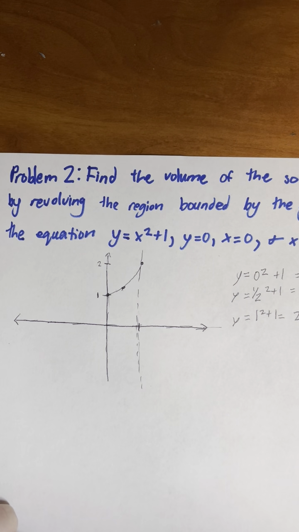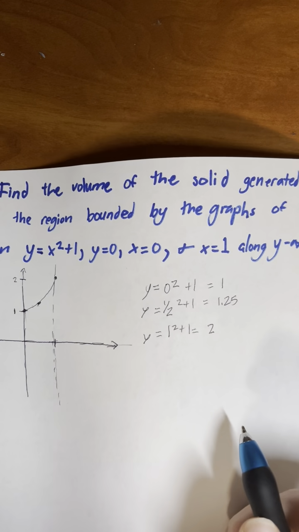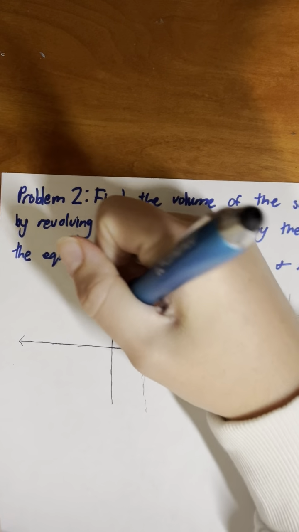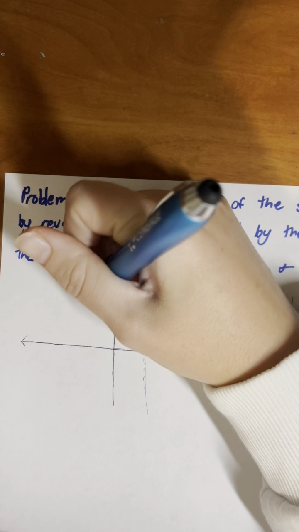And there's no more boundaries, and now we have to go across the y-axis because that's what they tell us to do. So I'm just going to copy to the other side.